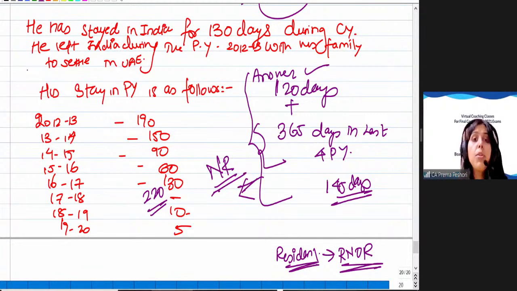So for computing the total income, we will have to take into consideration 2 lakhs also. Understood? Though for the taxability purpose, only 14 lakh is taxable. But for the determination of this particular provision, which particular criteria will apply, we will have to consider 2 lakh also. Clear, Pooja?